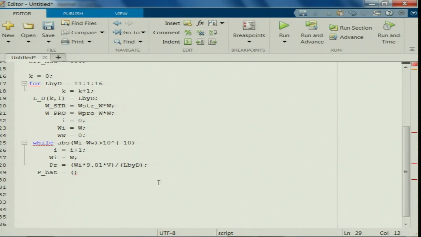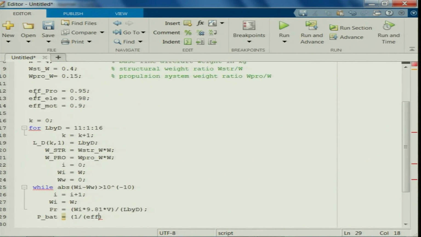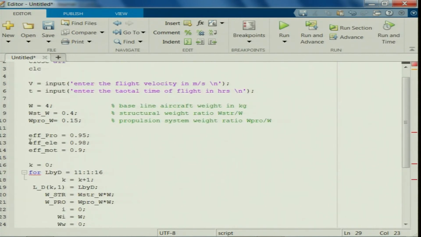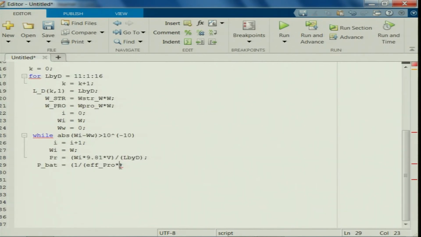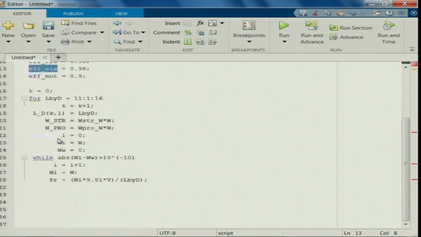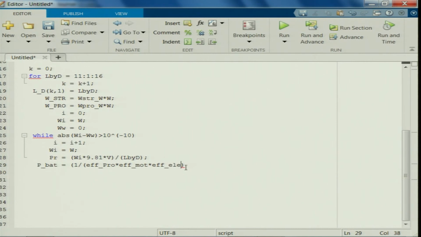efficiency of propeller, multiplied by efficiency of motor, multiplied by electrical efficiency, multiplied by power required, PR.